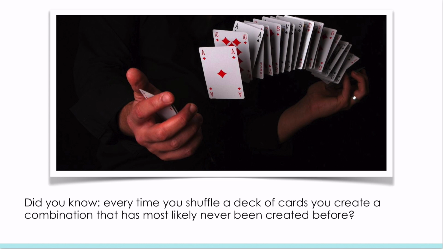There are quite a few cards, 52, but to claim that nobody has arranged it in that way before is a pretty interesting claim. So we're going to look at the mathematics behind this in this chapter. You can actually probably figure it out after today's lesson as to why that is the case. But these are the kinds of things that we're going to look at through this chapter.